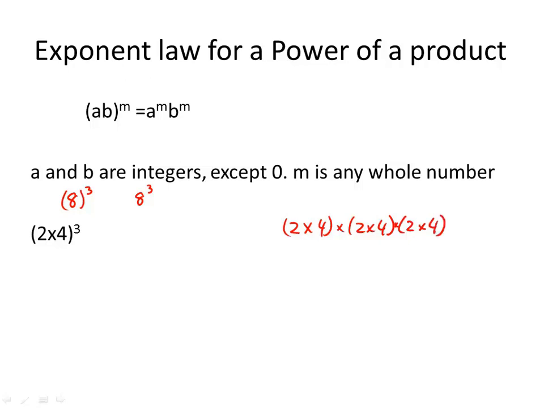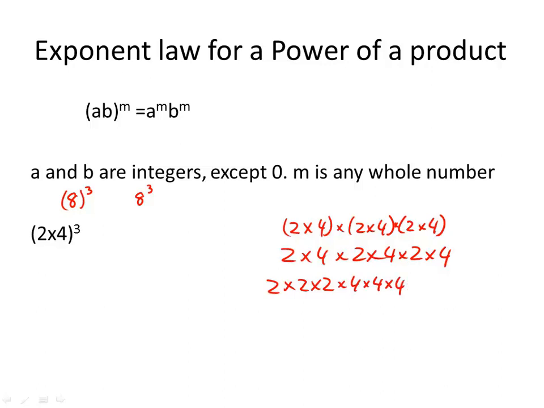We actually don't even need the brackets. Now, if I push all the 2's in one direction, it can be written as 2 times 2 times 2, and all the 4's next to it, so 4 times 4 times 4.